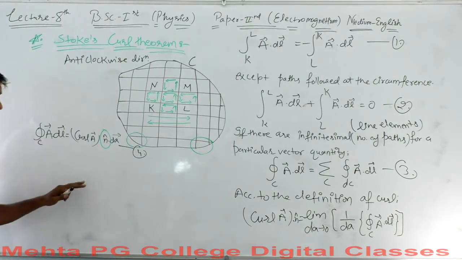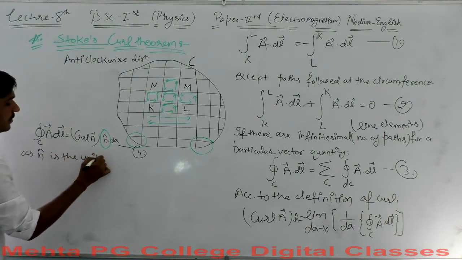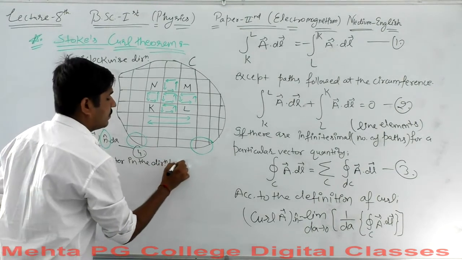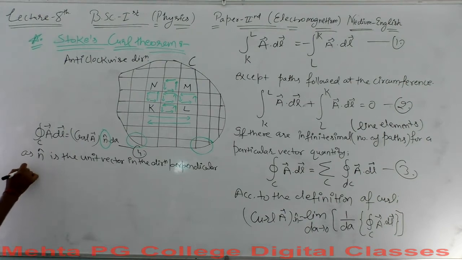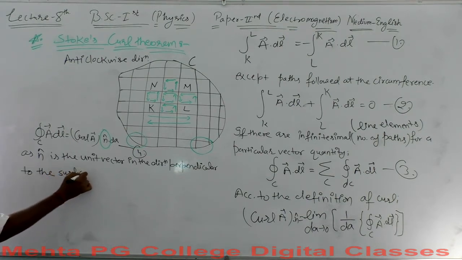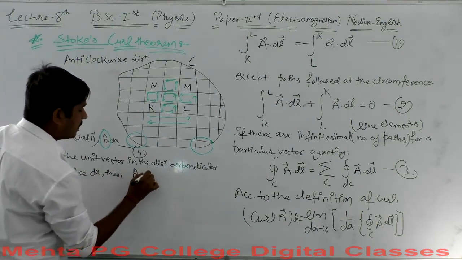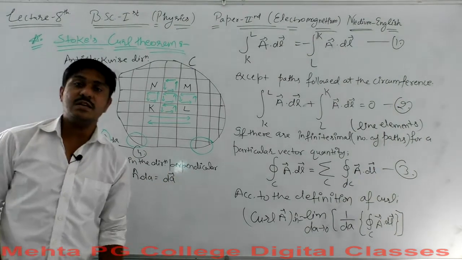Okay, so let's solve this equation. n cap dA does not have a direction yet, but n cap dot dA, as n cap is the unit vector in the direction perpendicular to the surface dA, thus n cap dot dA will be equal to dA vector, and we will use this value in equation 4.